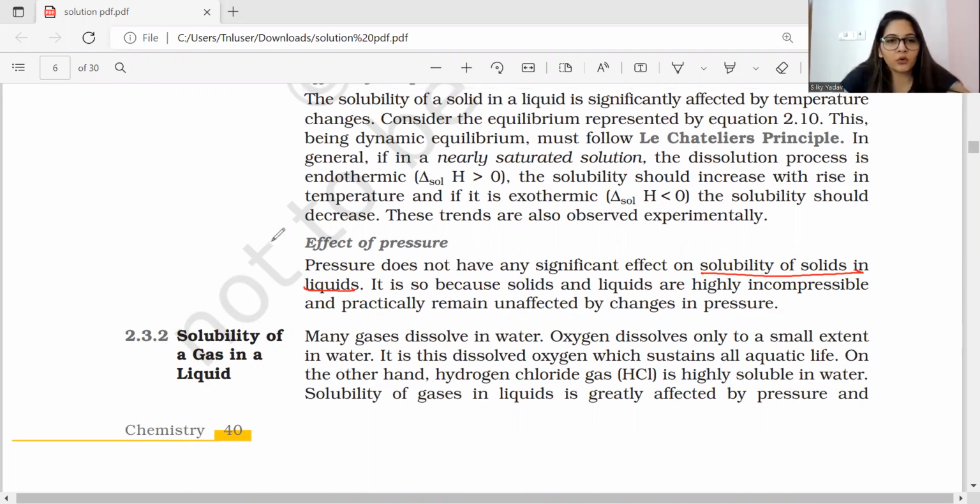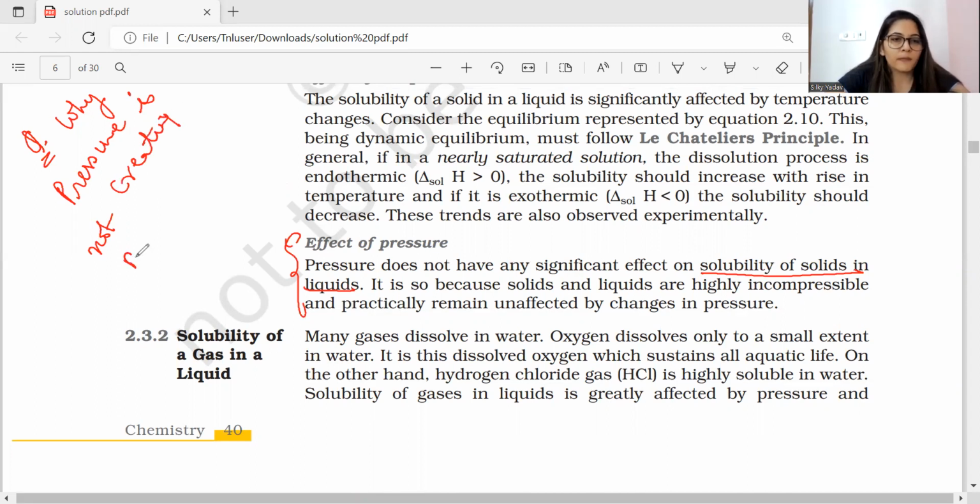One question I could give you from here could be: why is pressure not creating much difference in solubility?